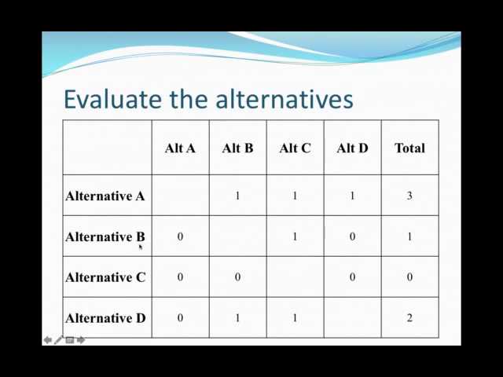When we compare alternative B to A, B is worse than A, so it gets a 0. B is better than C, but it's worse than D, so 1 and 0. And then we compare alternative C, meaning give money to all poor rural Bedouins. When we compare it to A, B, and D, alternative C is worse than each of those, and so it gets a 0.